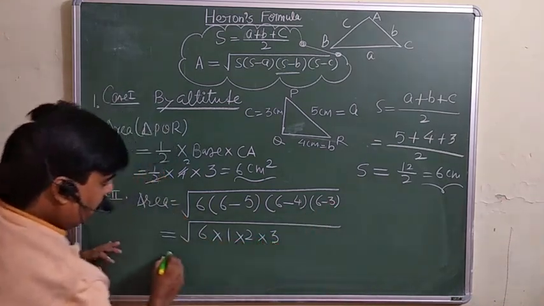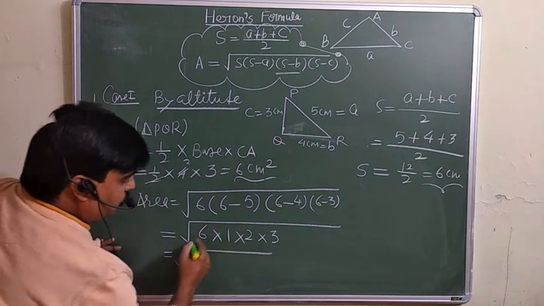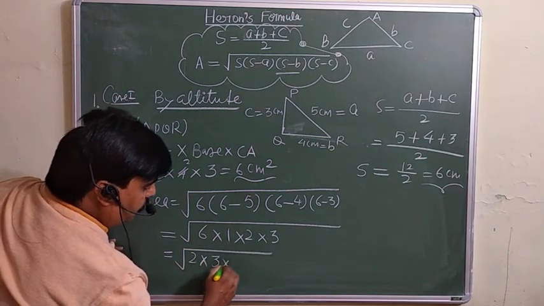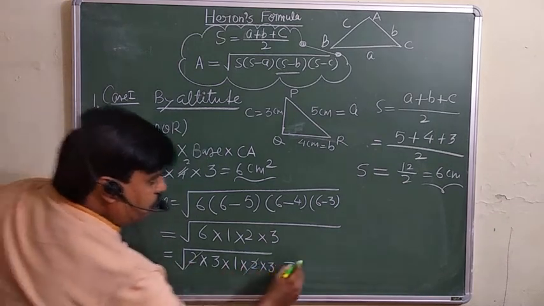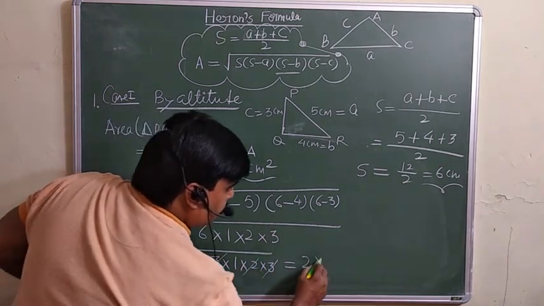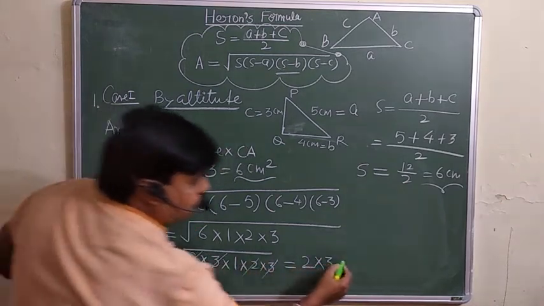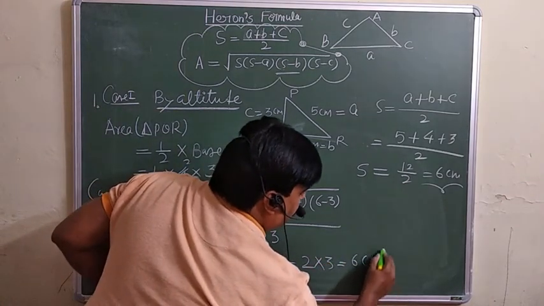You can factorize inside this. So 6 can be written as 2 into 3 into 1 into 2 into 3. So you take out 1 2 from here and 1 3, and from this 1 will come out, so you are getting 6 centimeter square.